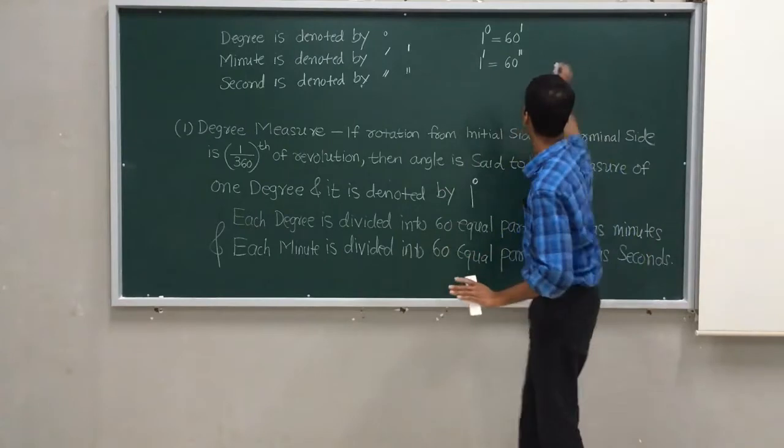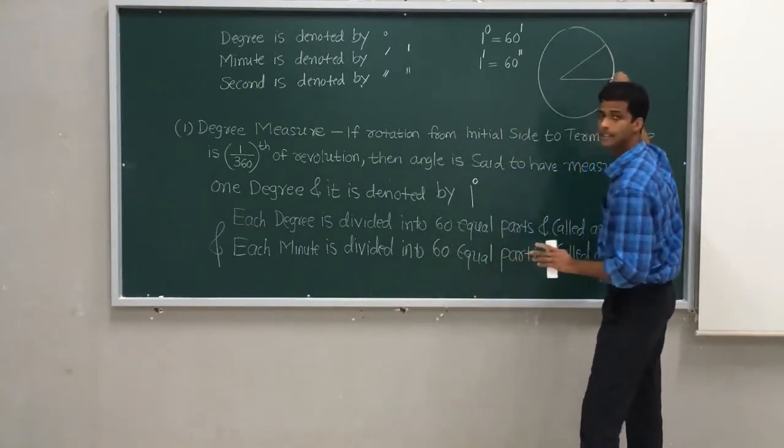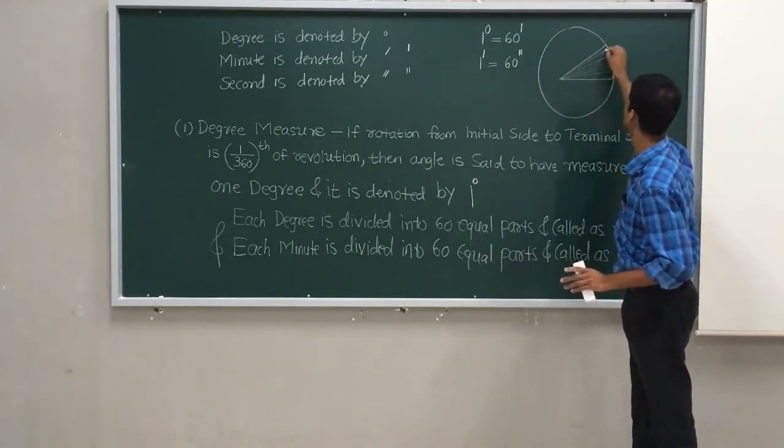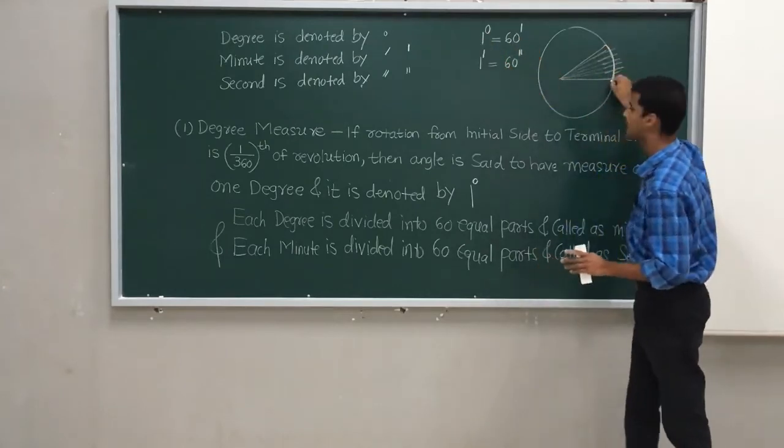I told you, in a circle, if you consider 1 degree, they have categorized it into 60 equal parts. Those 60 minutes give you 1 degree.